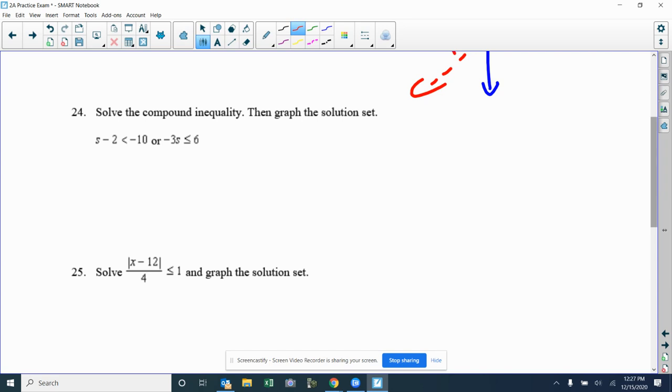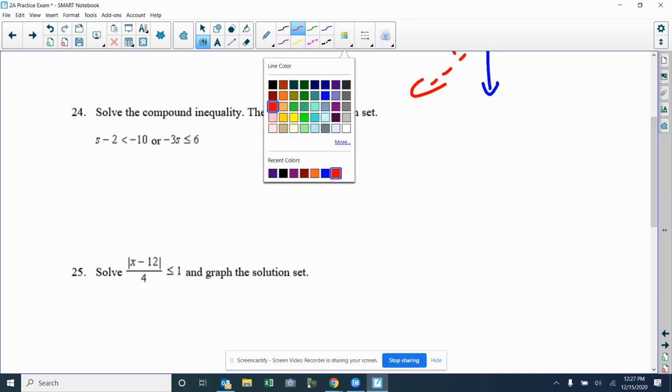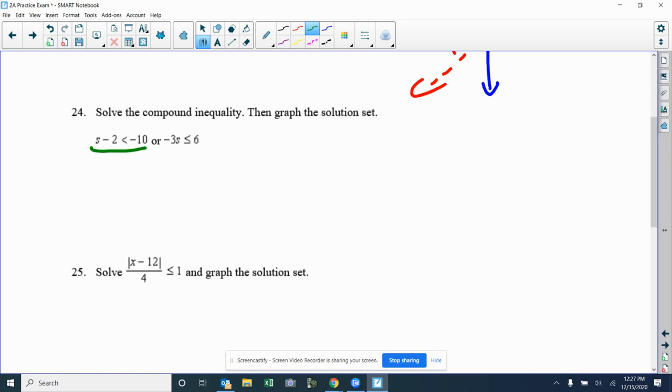Number 24, compound inequality, graph the solution. It's an or statement, okay? So we're gonna end up just solving for those. We'll do this guy right here in green. I'm changing that to x so it's a little bit more prevalent: x minus 2 less than negative 10.